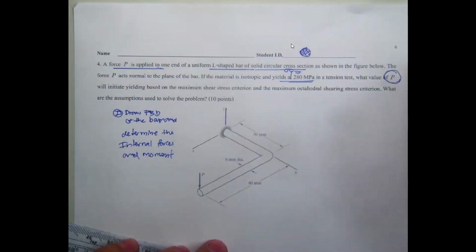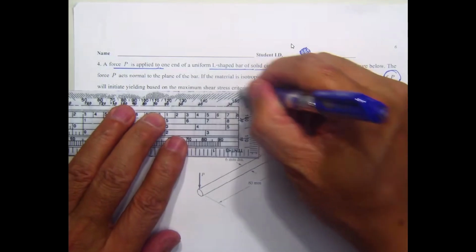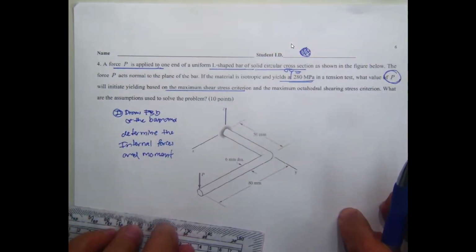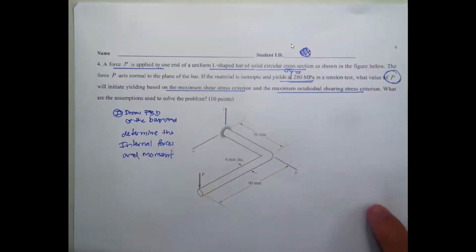the P that will cause the failure based on the maximum shear stress criteria and the maximum octahedral shearing stress criteria. And what assumption is to be used?